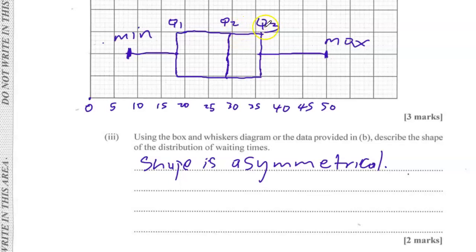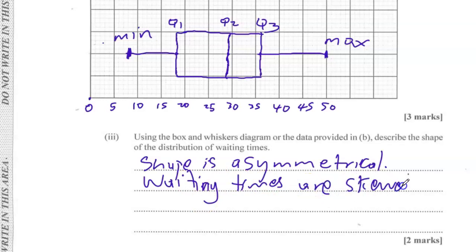So we could say the shape of the waiting times is skewed to the right. And I've seen that most of them waited for a longer period of time, relatively. Alright, let's move on.